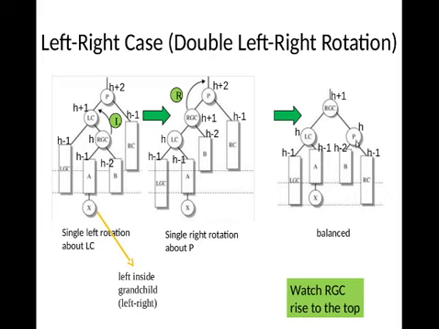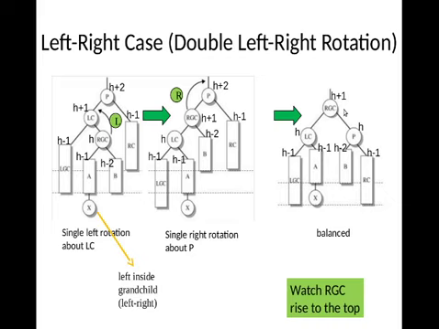The new children of P are B and RC. The height of B is h-2 and the height of RC is h-1. Hence, the height of P is h and its balance factor is -1.